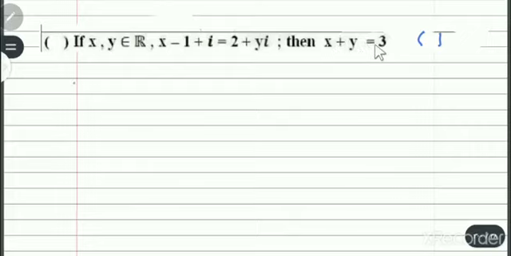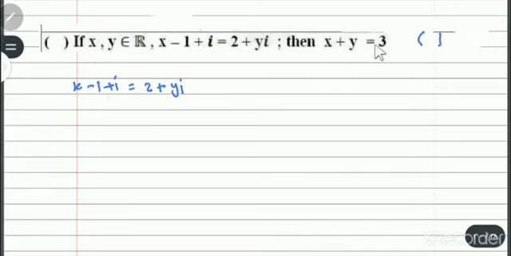So because he gives us x - 1 + i equals 2 + yi. Okay, is everyone concentrating with me or not? Now what I'm going to do here is put the real terms equal to the real terms.